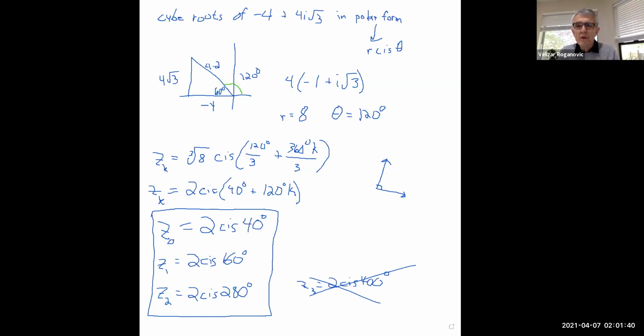Can I clear this? Yeah. All right, just really quick. If you have sine of theta equal to 1/2, and you're supposed to solve that for theta from 0 to 2 pi, what would theta equal?